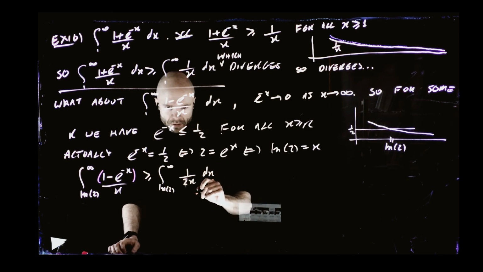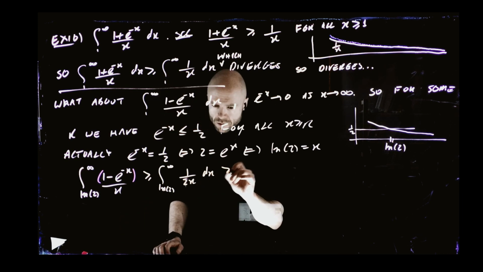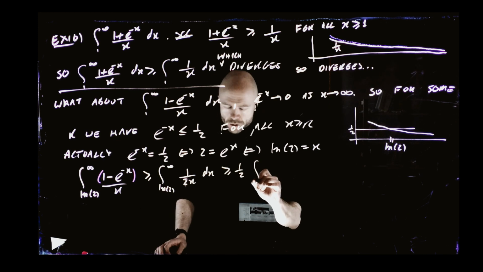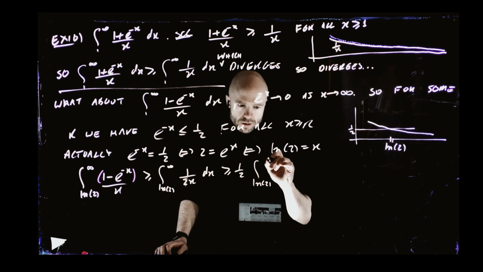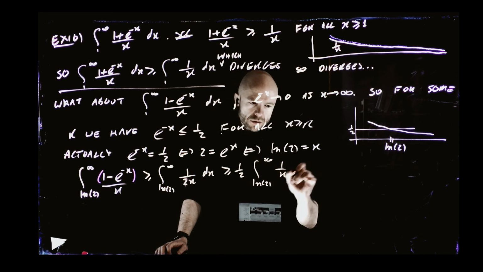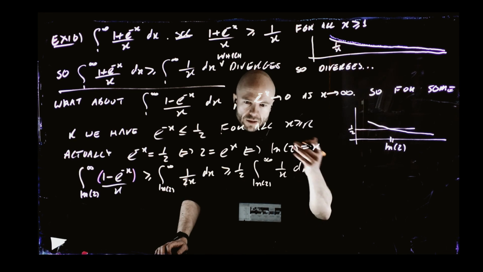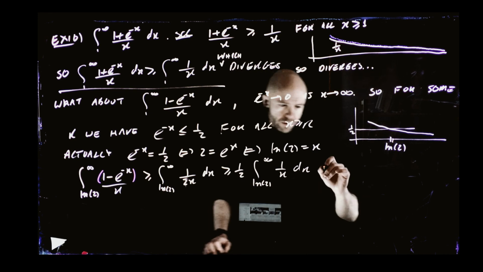And then this is, just pull out the half, and then this is the integral from log 2 to infinity, 1 over x dx, and that thing is infinite, yeah? Which diverges.